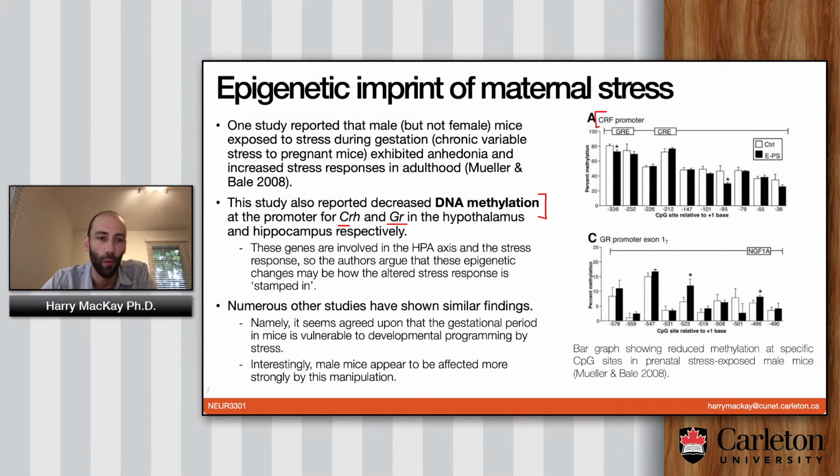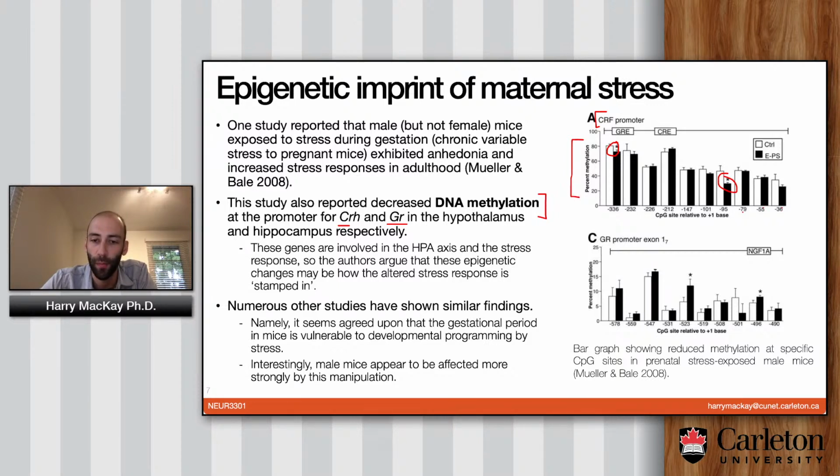And what they found was that in the hypothalamus, the level of methylation in the promoter region of the CRH gene was reduced at a few CpGs in the stressed mice, or the mice that had been exposed to stress during gestation. So here you're looking at the methylation level on the y-axis of this plot, and each set of bars represents a single CpG.